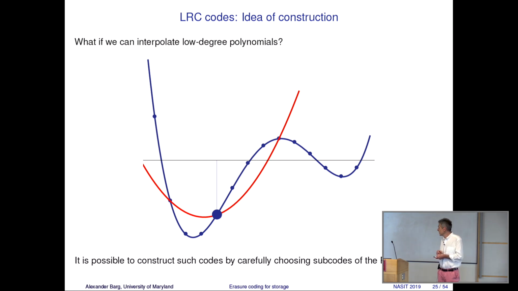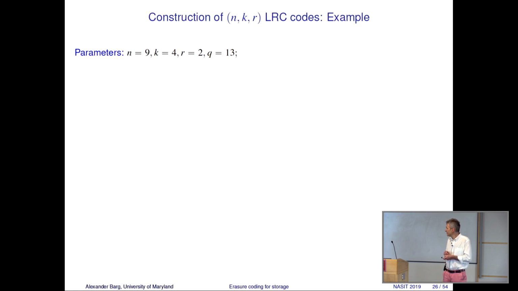So, low degree polynomial. The message is that it is possible to construct codes by taking carefully chosen subcodes of Reed-Solomon codes. This is what I'm going to present on the next slide in an example.